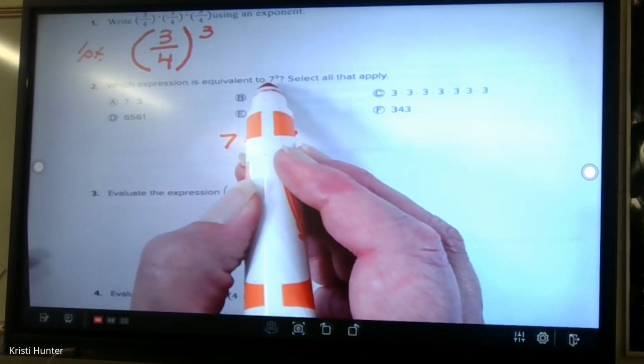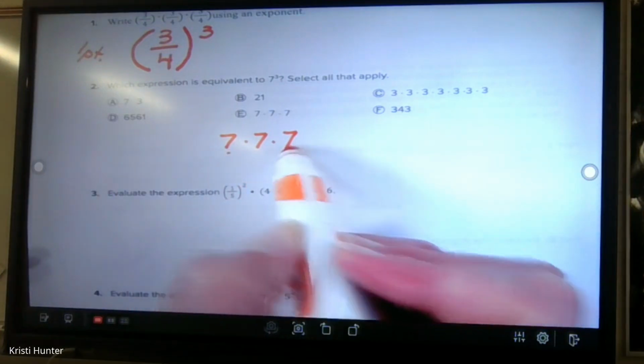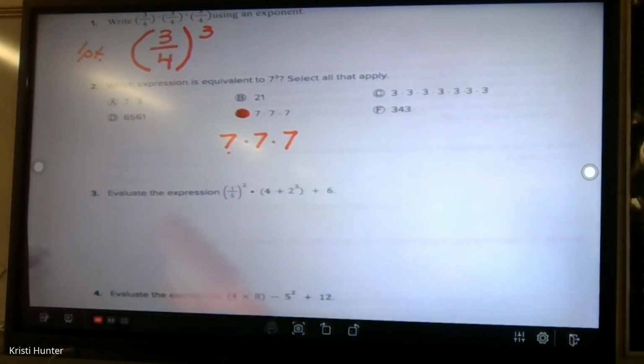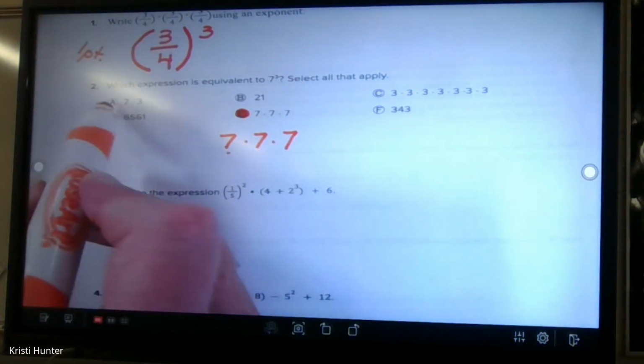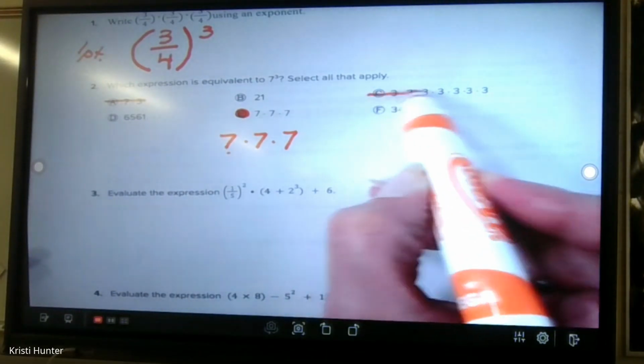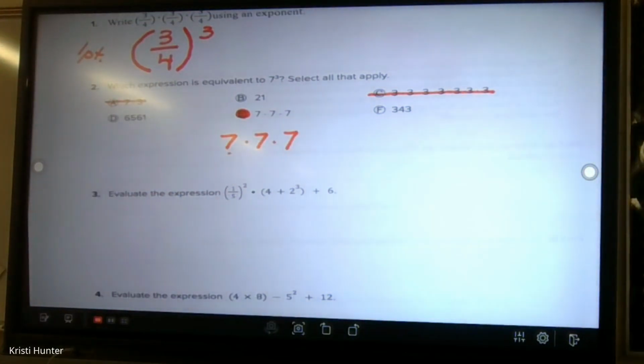Our base repeats 3 times. 1, 2, 3, which is letter E. It does not mean 7 times 3, and it does not mean 3 7 times. Remember, our numbers are not reversible there.